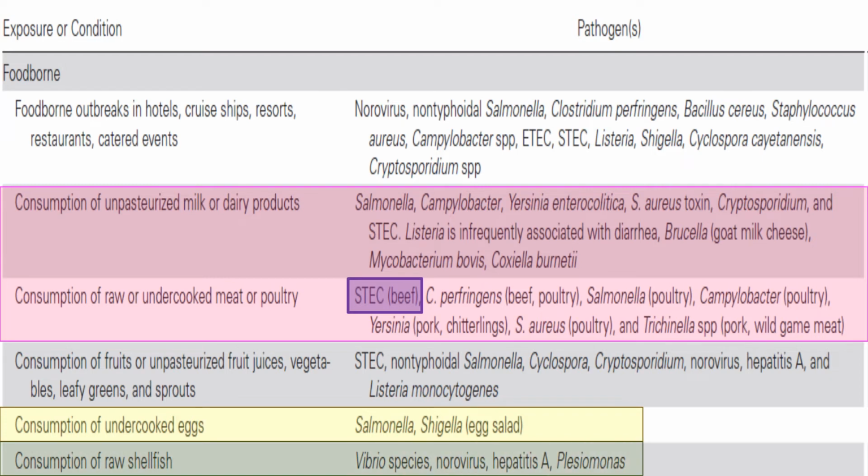And for raw shellfish, it comes from Vibrio, maybe cholerae or parahaemolyticus. Maybe it can also cause hepatitis A, which is a virus, not only bacteria.